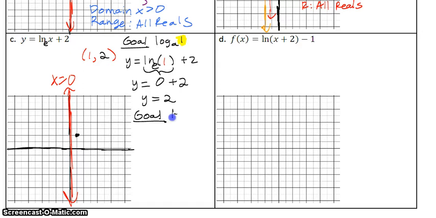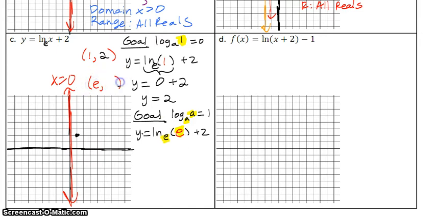To find my other point, I'm using this property: log base a of a is equal to 1. Here's my equation this time. When I say log base a of a, I want this to be the same as this. Now the base happens to be e, so I want to put an e in here.